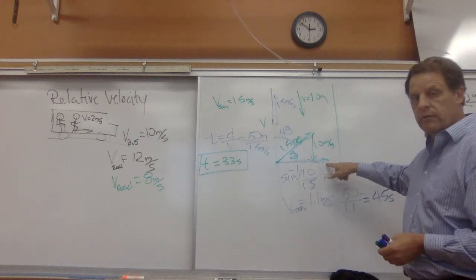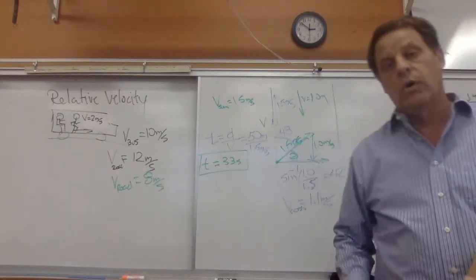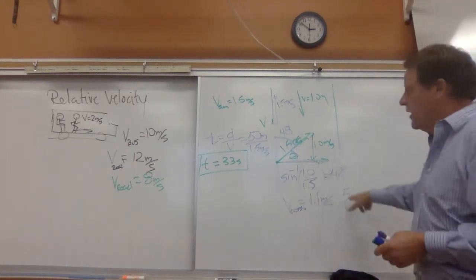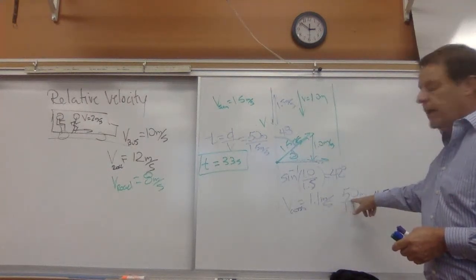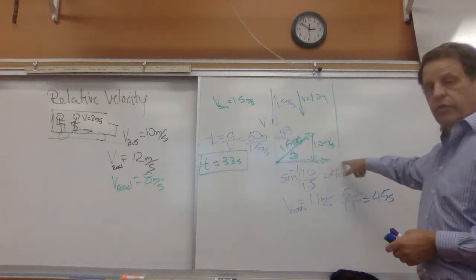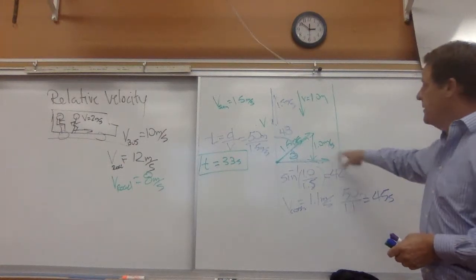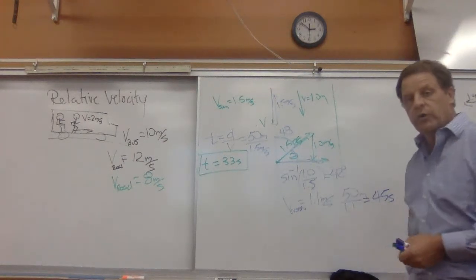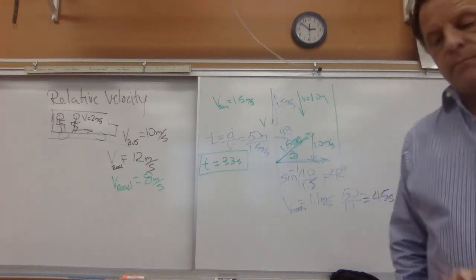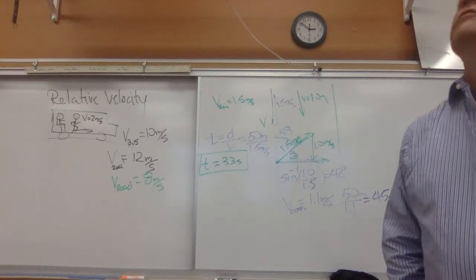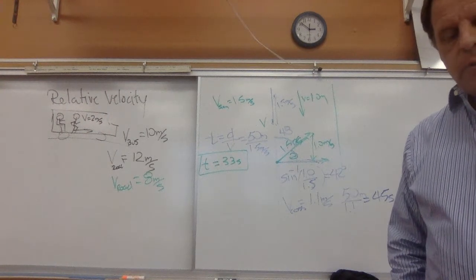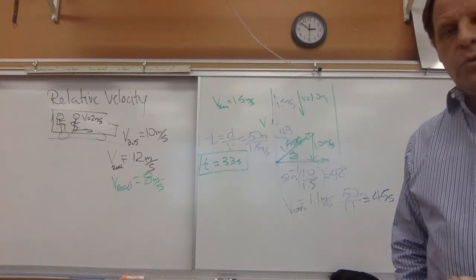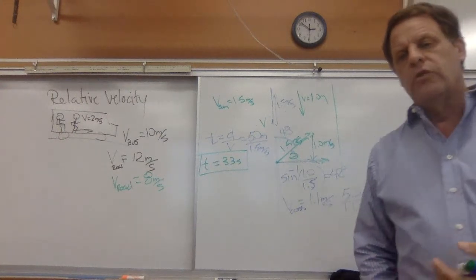Remember, if you were to aim straight across, you would end up going downstream, and it would still take you 33 seconds to cross. Now, this change in current means you would only go down 33 meters, and therefore you wouldn't go down as far.